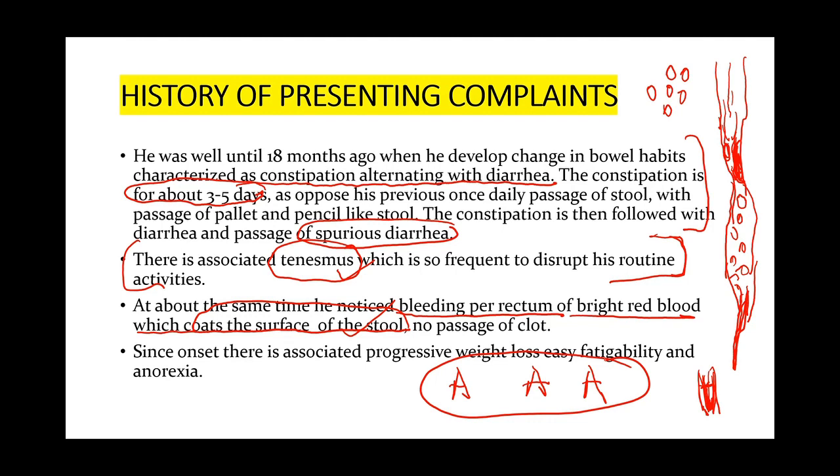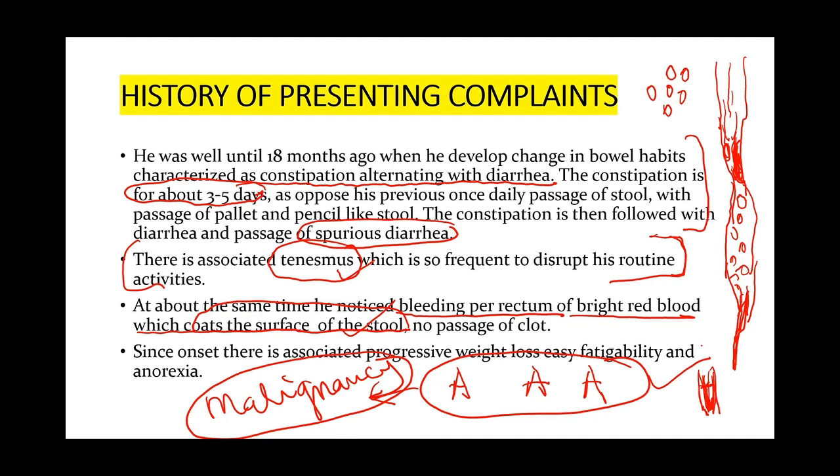And finally, this mass has features of malignancy. So these 4 major statements in the paragraph have characterized a mass in the rectum that is likely malignant. So we are done with the first part of the history of the presenting complaint, which is D, diagnosis.